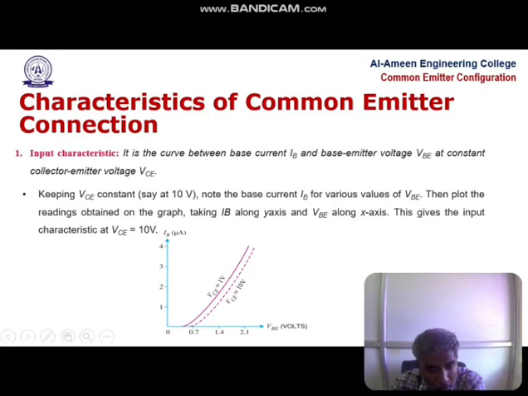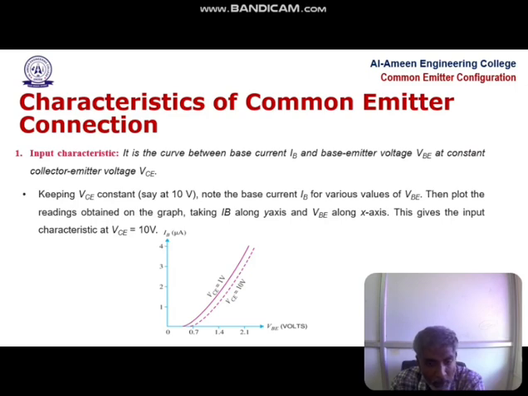In this graph we are seeing that VCE equals 10 volts. By keeping VCE equal to 10 volts constant, we vary the base emitter voltage and take the reading of the base current against the base emitter voltage.